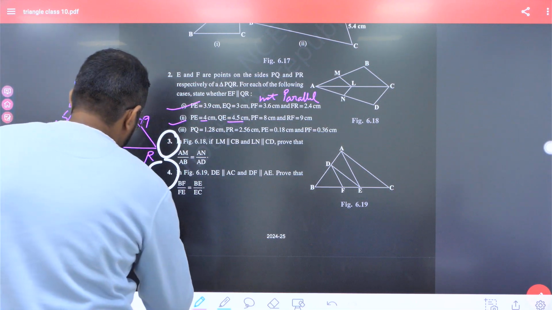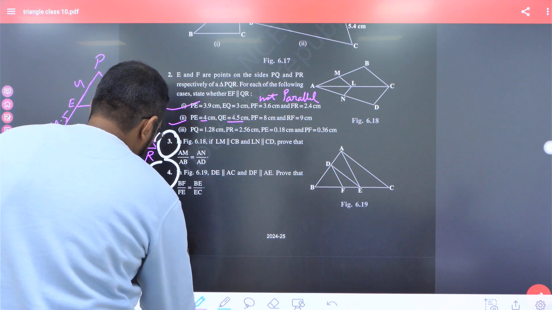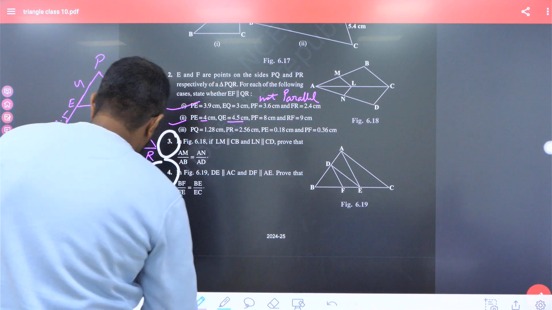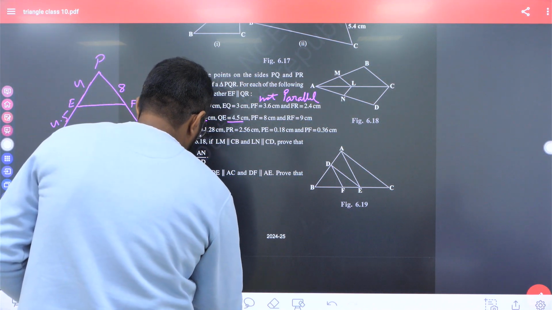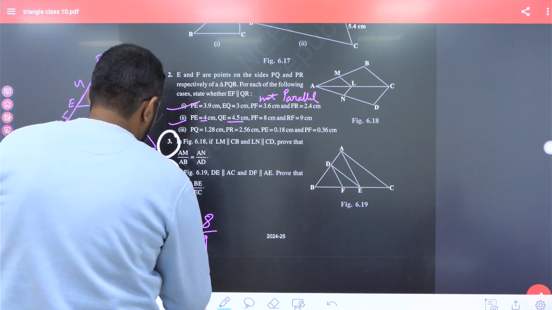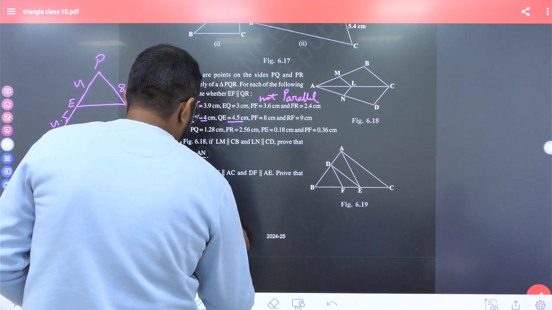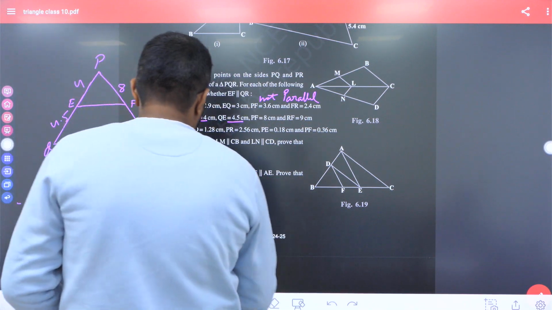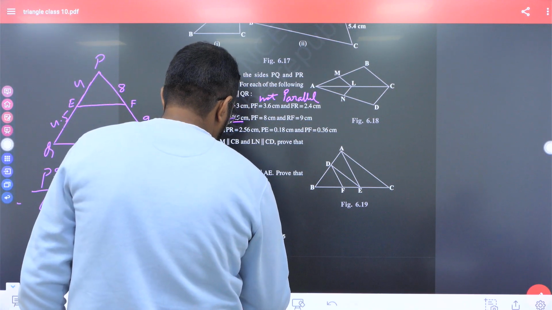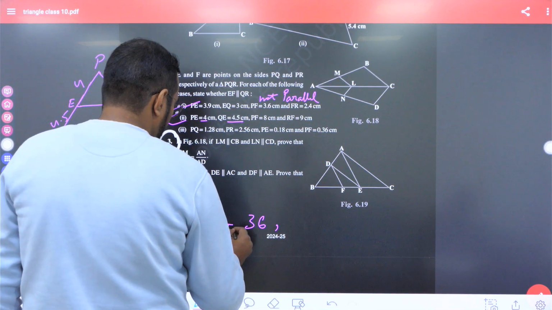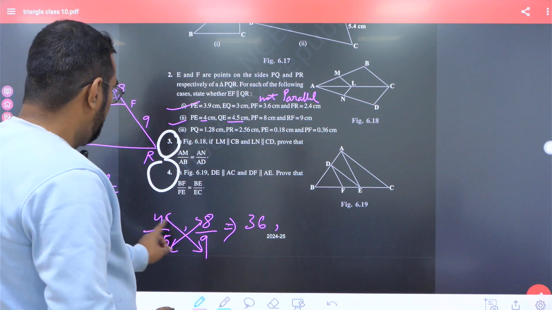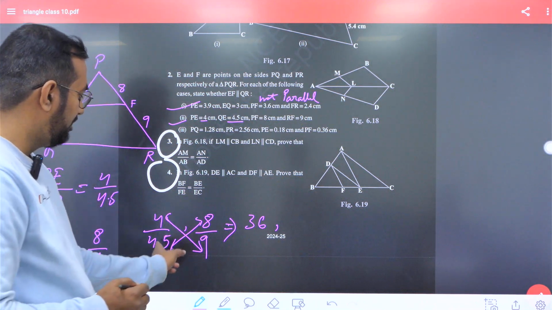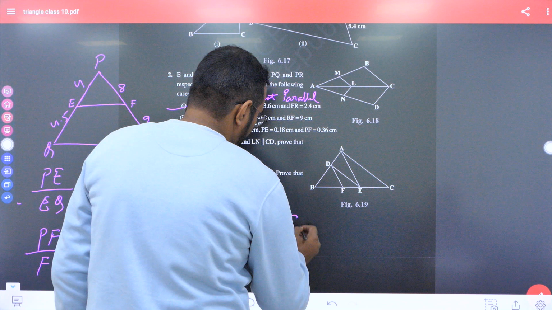So by cross multiplying 4 upon 4.5 and 8 upon 9, what will we get? 9 times 4 is 36, and 8 multiplied by 4.5 is also equal to 36.